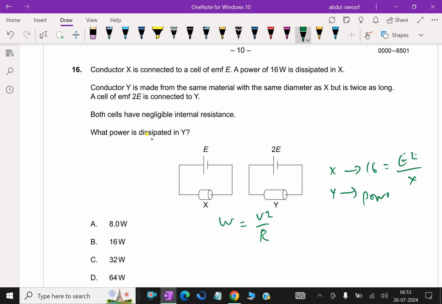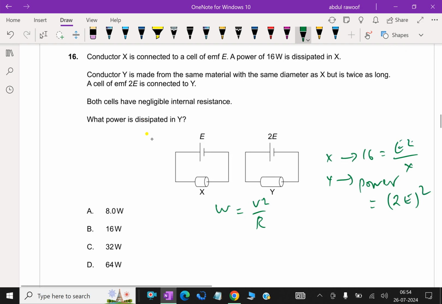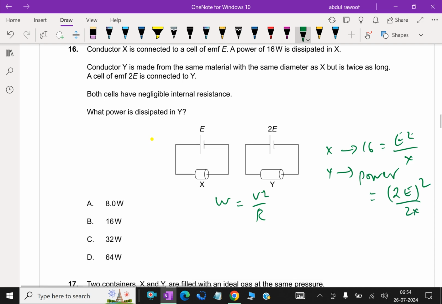For Y, the power is again V squared by R, that is the square of 2E by 2X, because the length is twice.